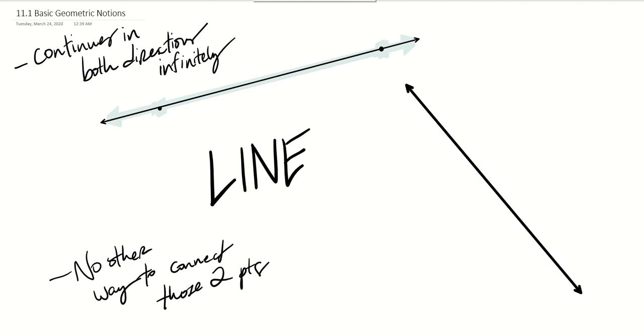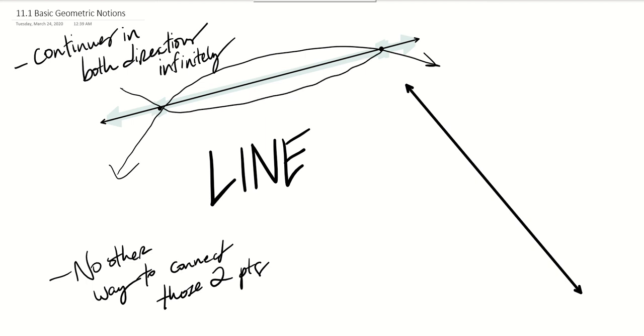So what I'm saying is the line that is highlighted cannot be drawn a different way between those 2 points, because if you try that, it will look like this, or maybe like this, or possibly like this. Not possible, doesn't work.